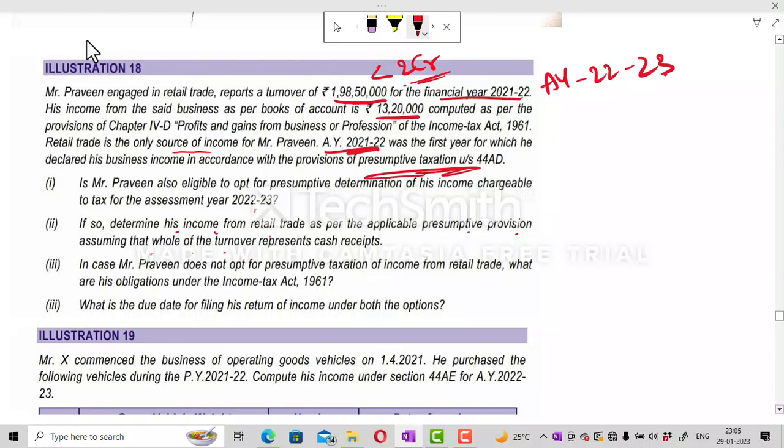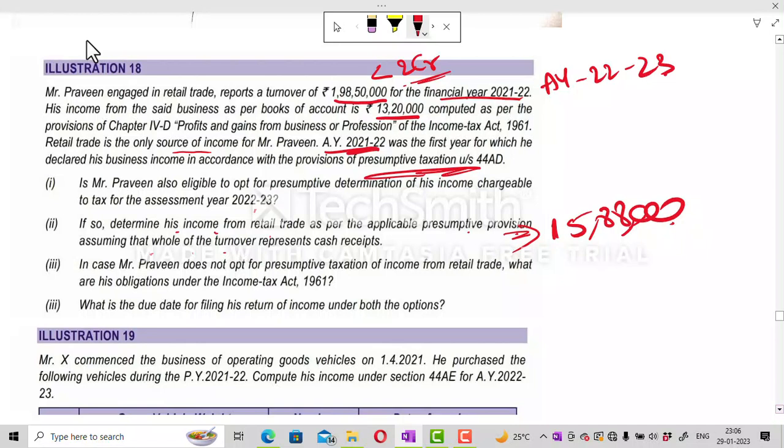See, if no cash receipts, then we can pay 6%. But if cash receipts are involved, then we have to pay 8%. 1 crore 98 lakh 50,000 into 8% is 15 lakh 88,000. They have to show this as an income.